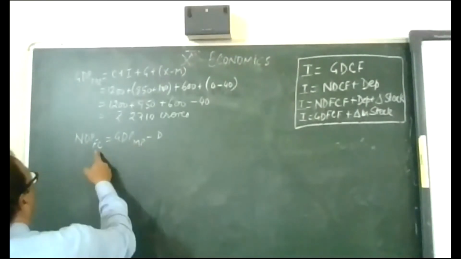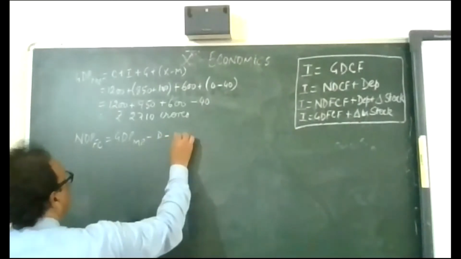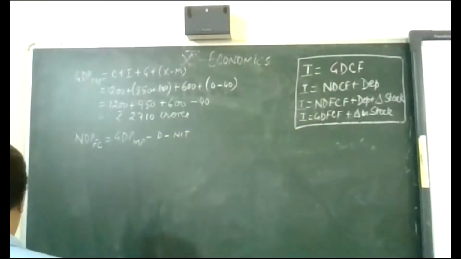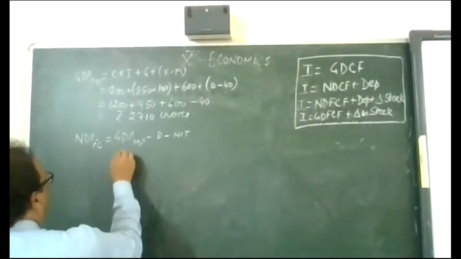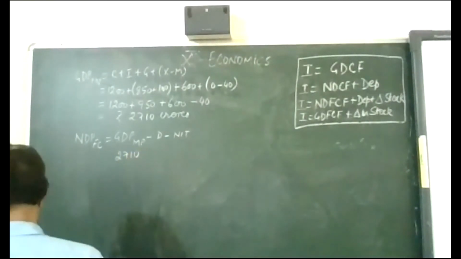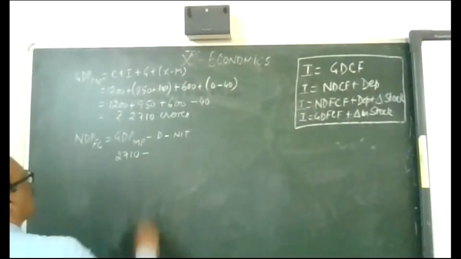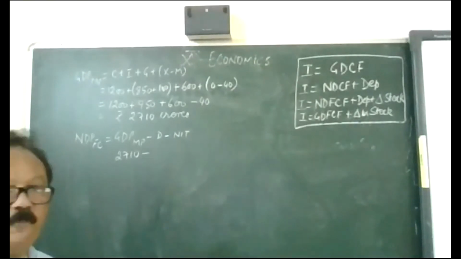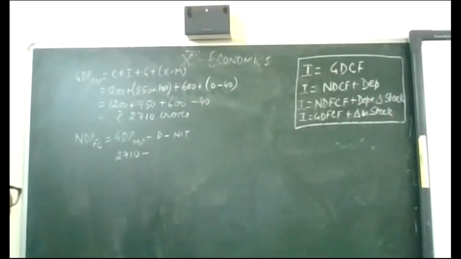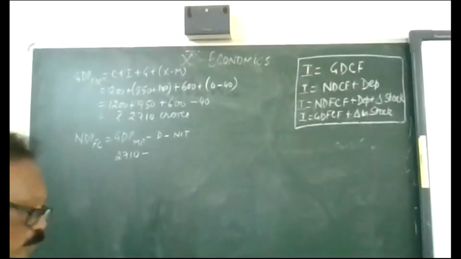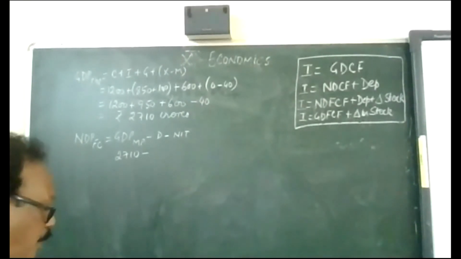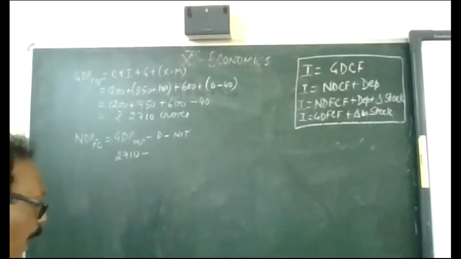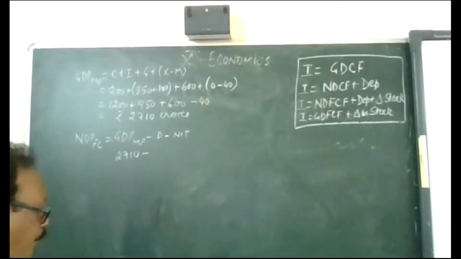Market price to factor cost: minus NIT. Now, if you see, children, nowhere in the question is depreciation given as either depreciation or consumption of fixed capital. So what would you do? You have two entries in your question: gross domestic fixed capital formation and net domestic fixed capital formation.